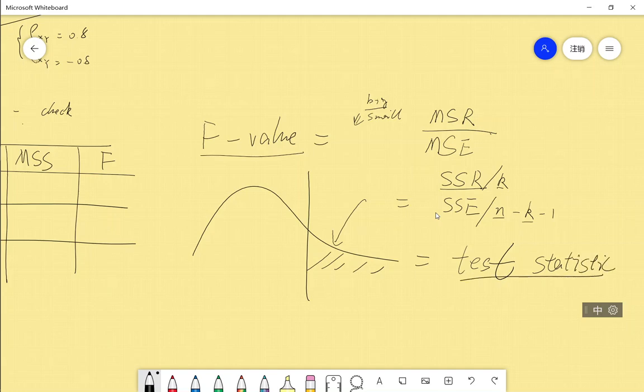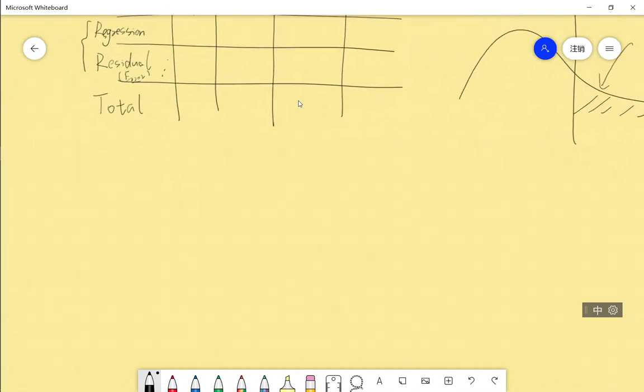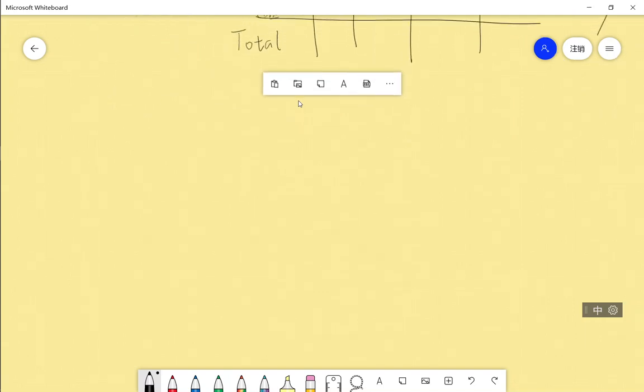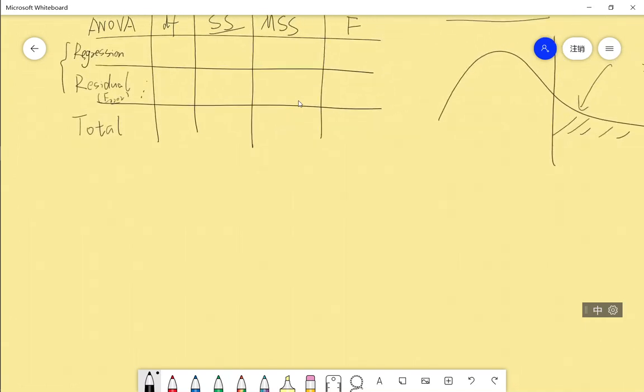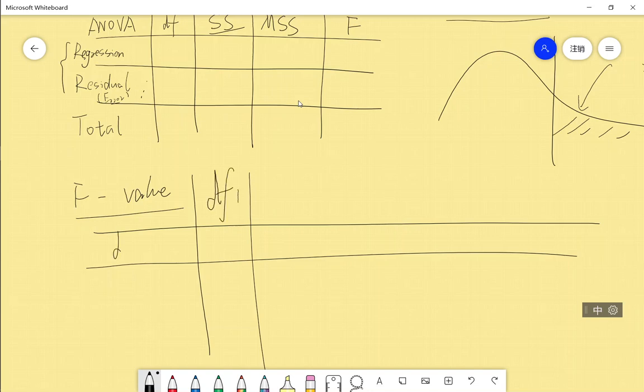Once you have the test statistic, you will check it in the F value table. Let me give you a rough idea of what the F value table looks like. Once you calculate the F value, you will find the critical value in the F table. There are degrees of freedom 1 and 2, one for the numerator and the other for the denominator.